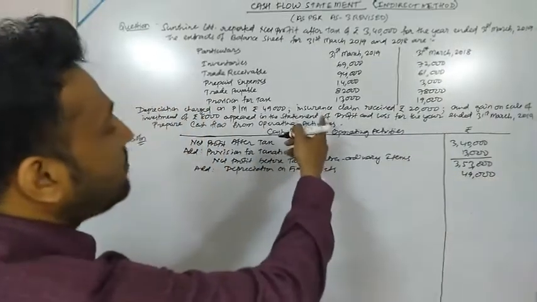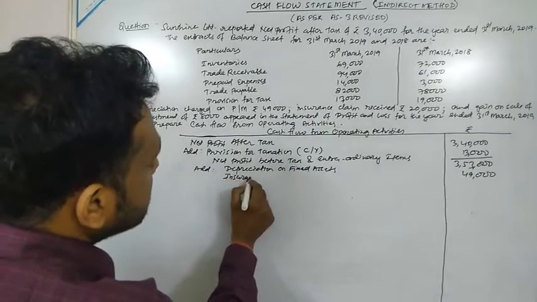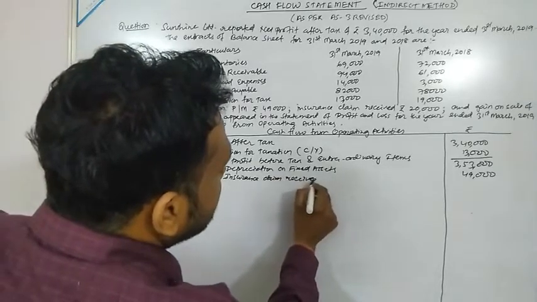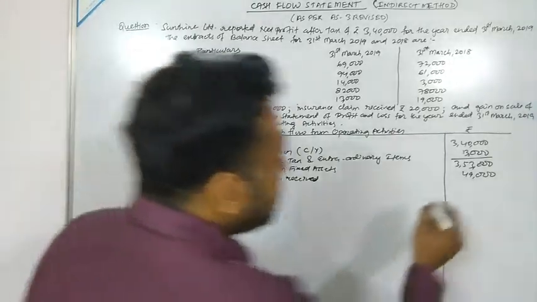Now insurance claim received. Again, insurance claim received is an income, and it has already been included, so we have to subtract it. Why? Because it is not a part of operating activity.